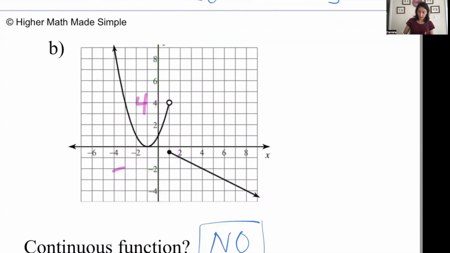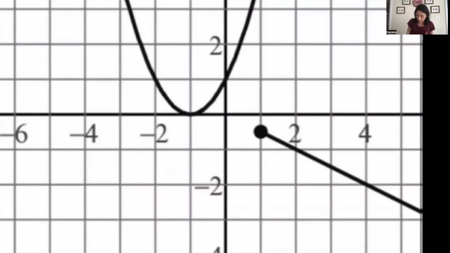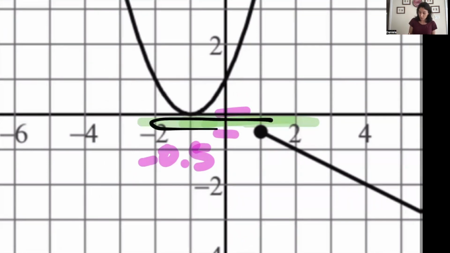But don't forget, if I zoom in really big, so if this is negative 0.5, and this is y value 0, notice right here in green, there's nothing there. So we would say that the range is all real numbers except those y values between negative 0.5 and 0.